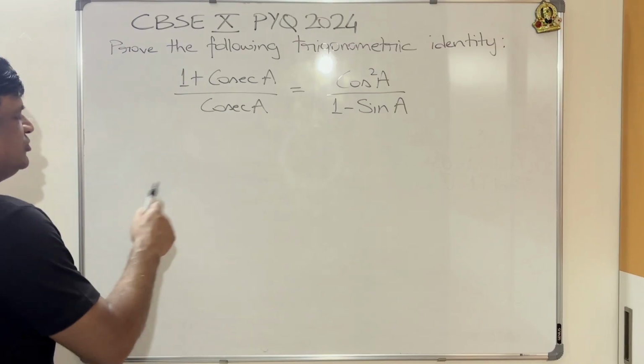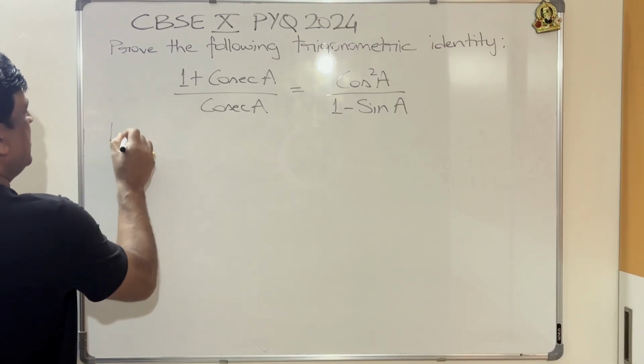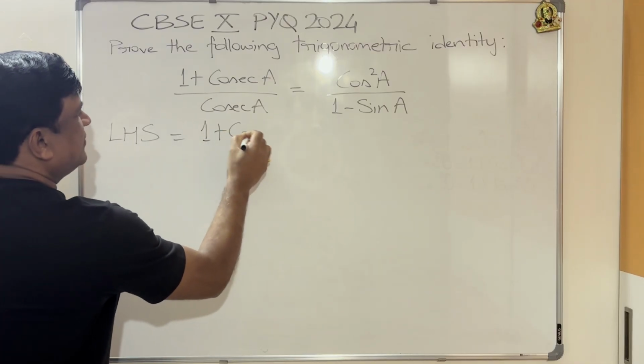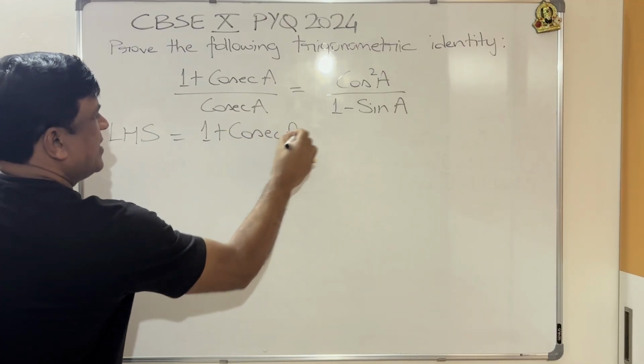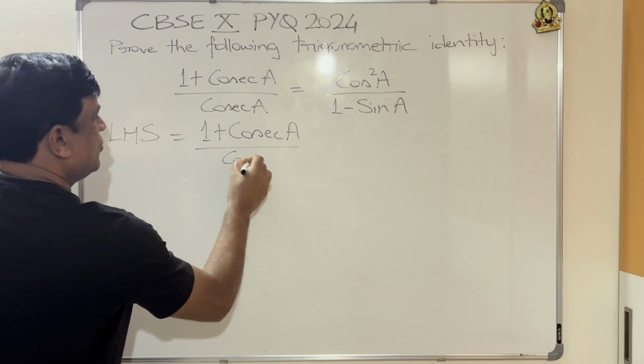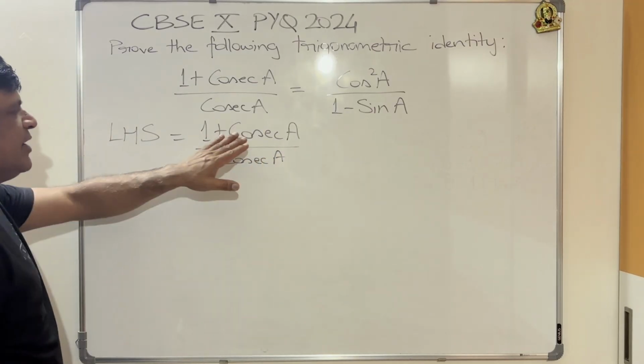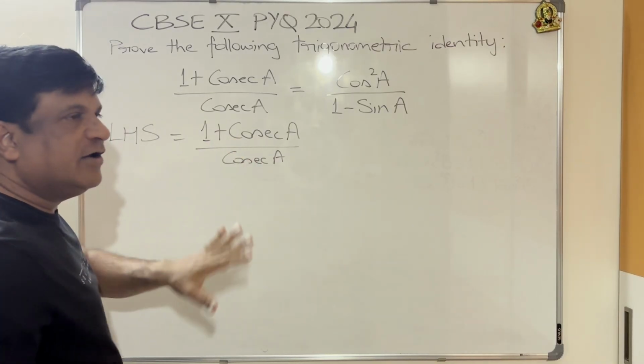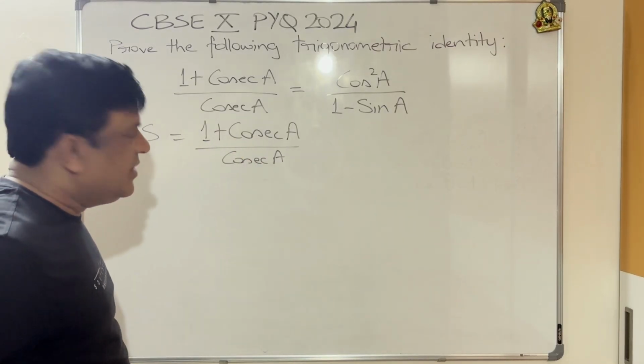Now, same approach, take the left hand side, LHS is equal to 1 plus cosec A times cosec A. What am I going to do? I see a 1 plus cosec A over here. Can I convert it into a square? Yes, I can do it.